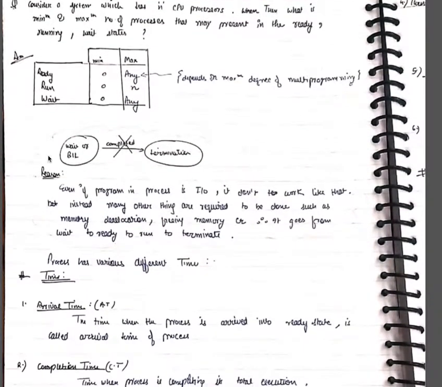Now, what is this wait to termination? Like, my process requires to do some input output, and just input output, and does not require anything else. So you might be thinking, why can't the process go from wait to direct termination, right?